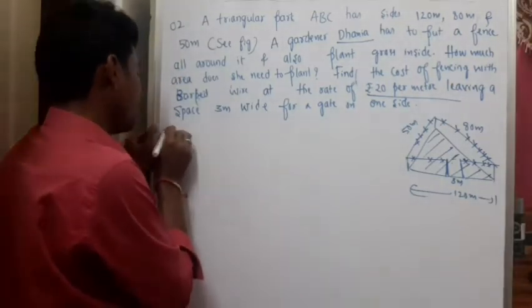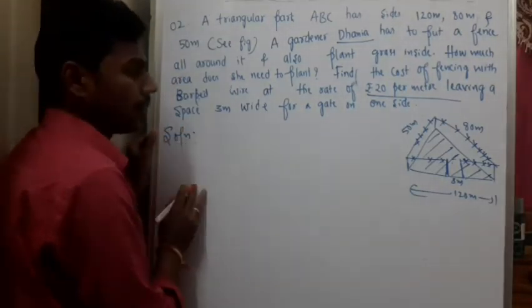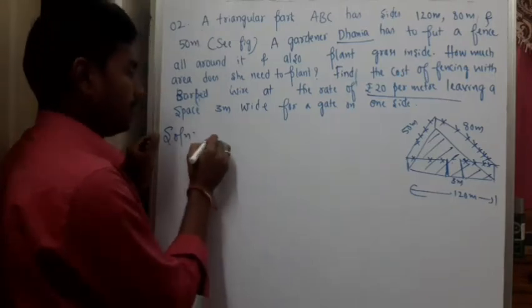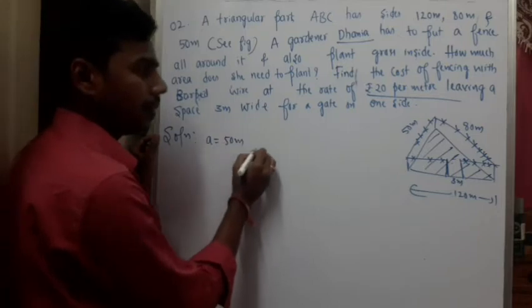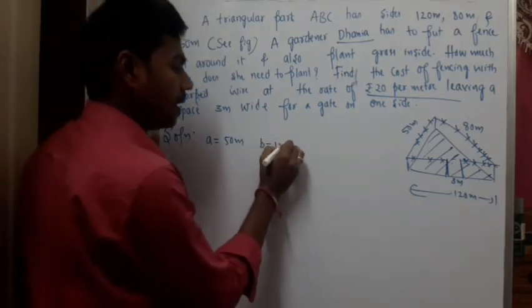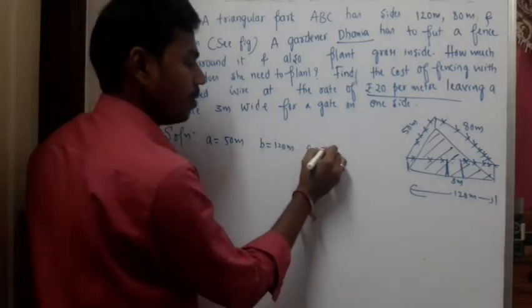For that, we'll write down what is given. They have given the dimensions. A is equal to 50 meter, B is equal to 120 meter and C is equal to 80 meter.